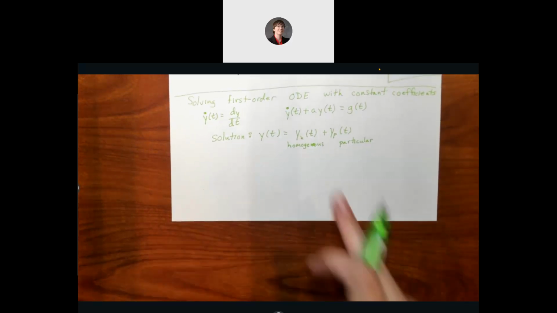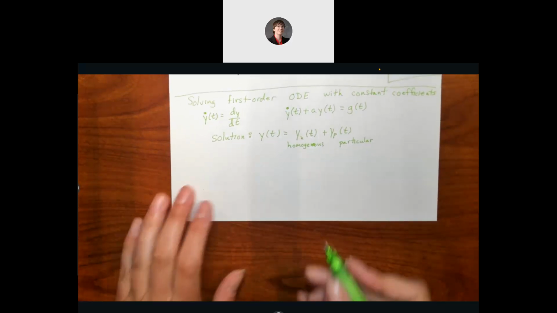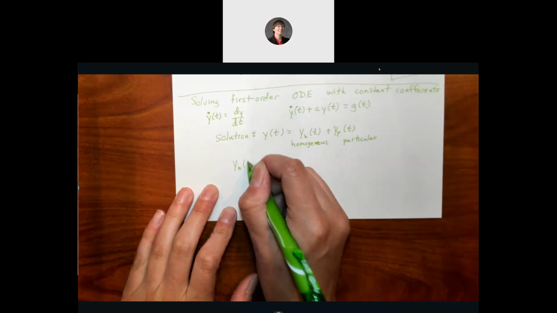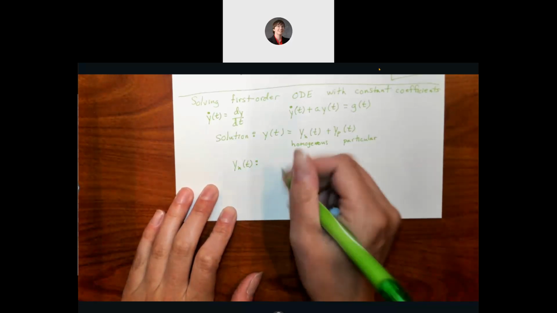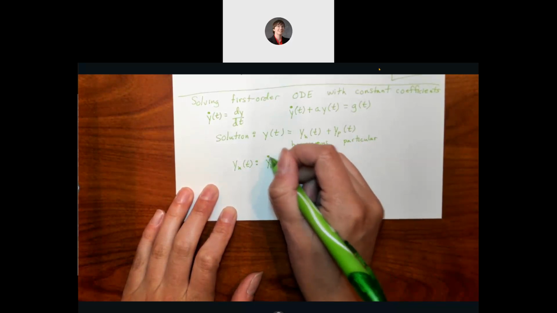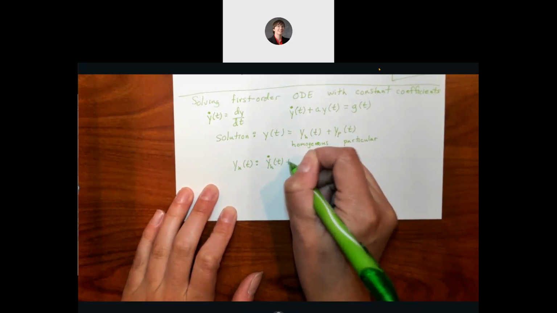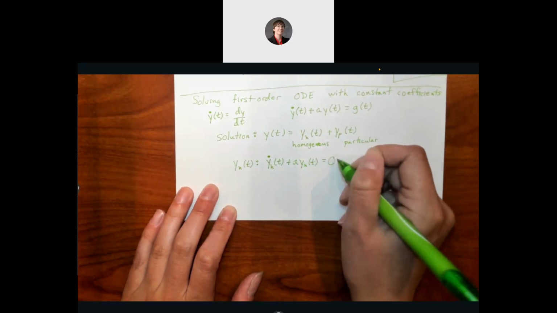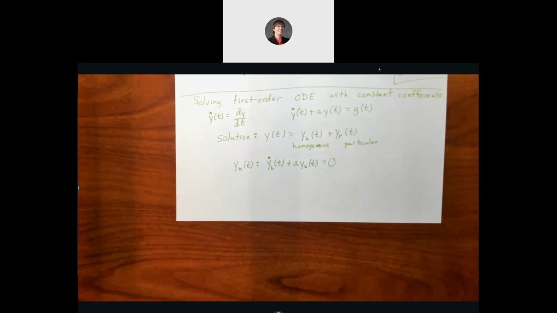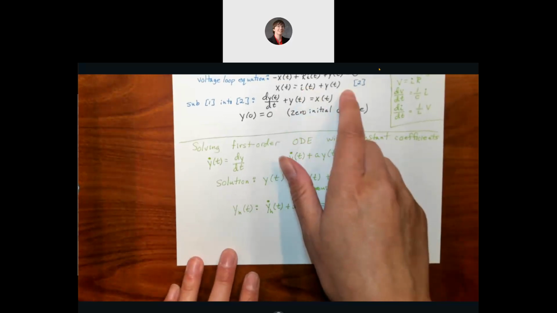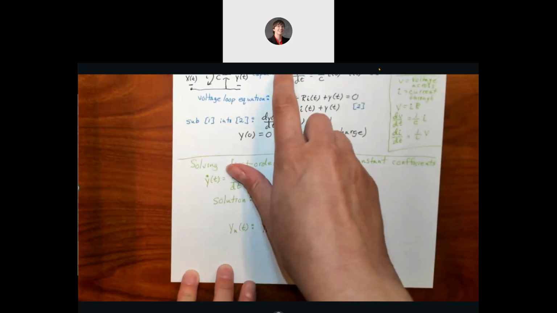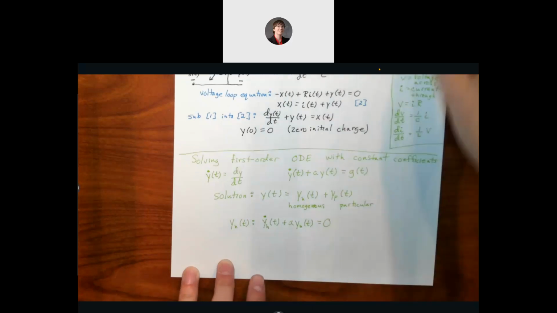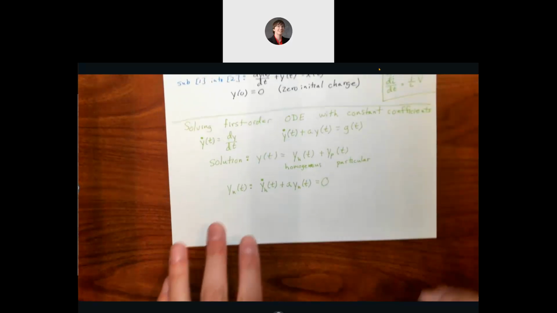To get the homogeneous part, you plug in your homogeneous solution and set that g of t equal to 0. Yes, in this one we are substituting R equals 1. Yep, we're kind of lazy with it, so we just make everything 1.